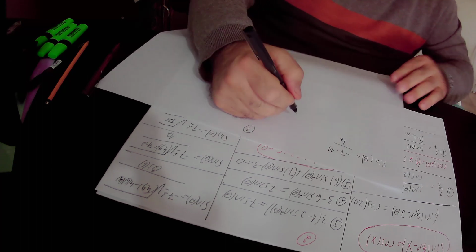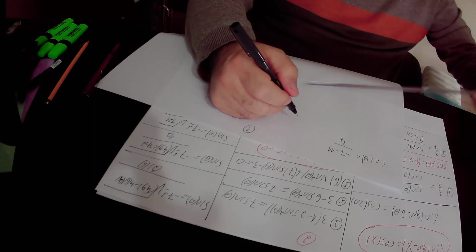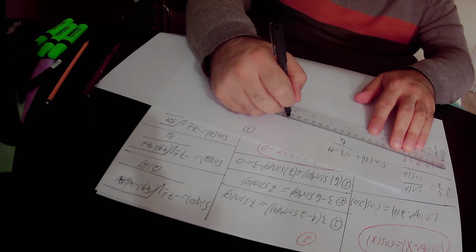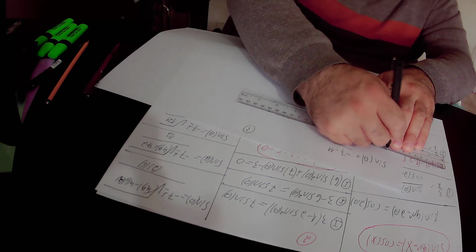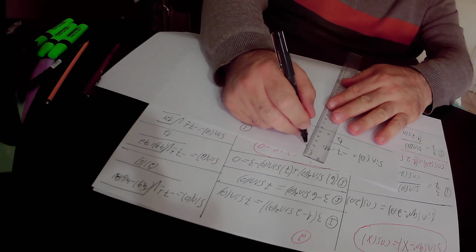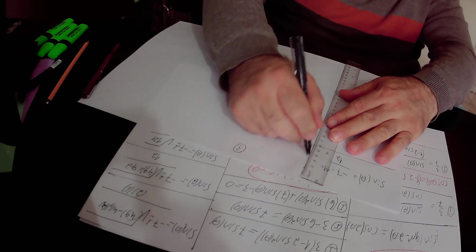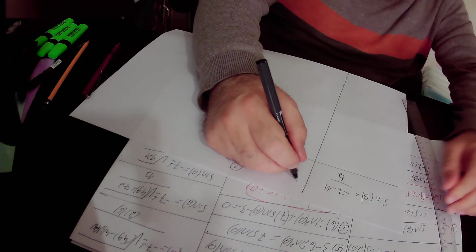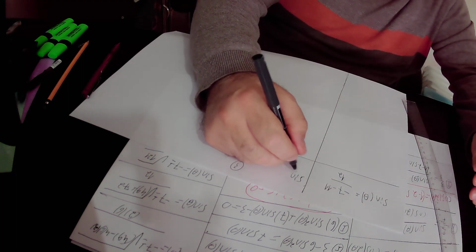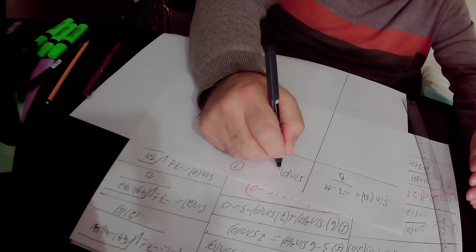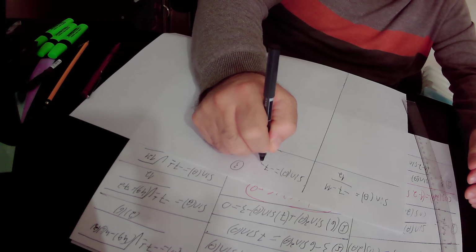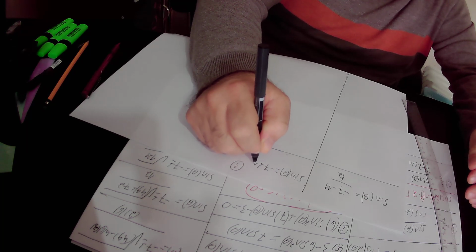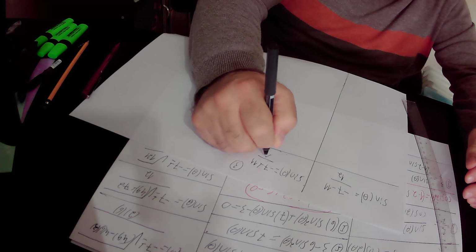And the second solution for sine theta is that sine theta equals minus 7 plus 11 over 12.